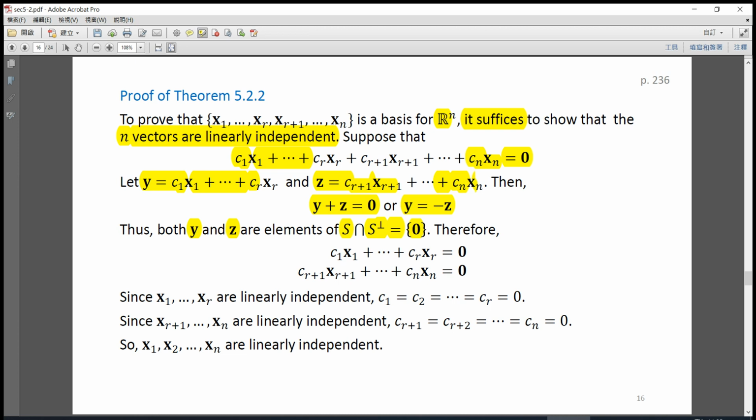And because y is the zero vector, we have the first equality, and z also equals the zero vector, so we have the second equality.